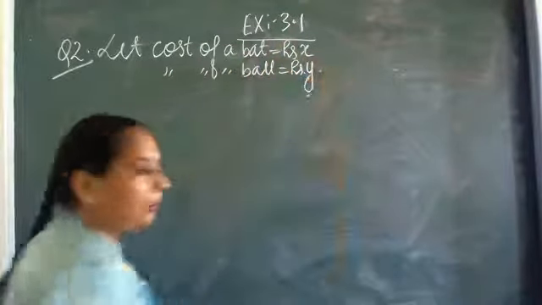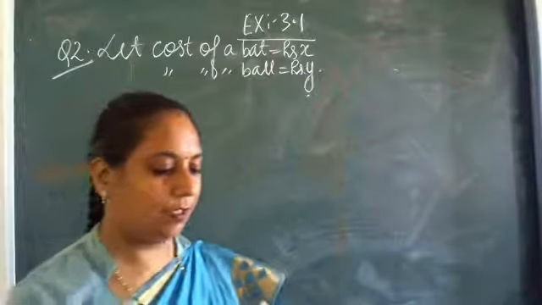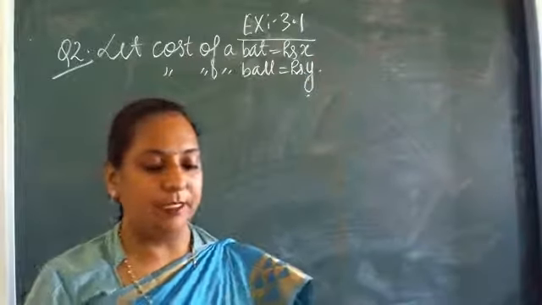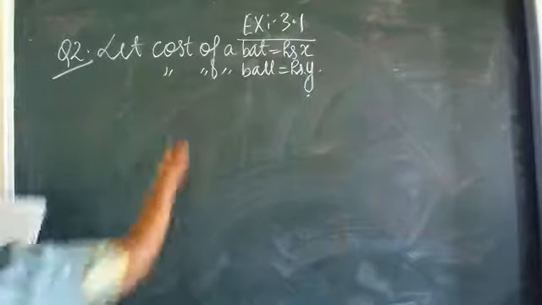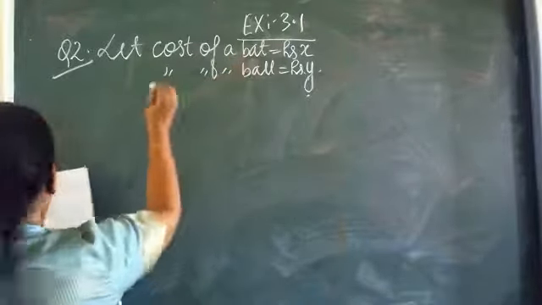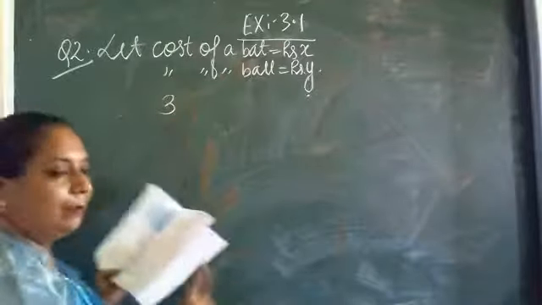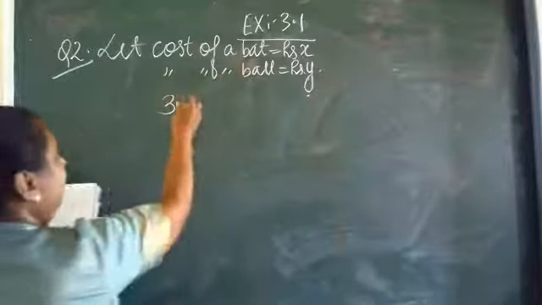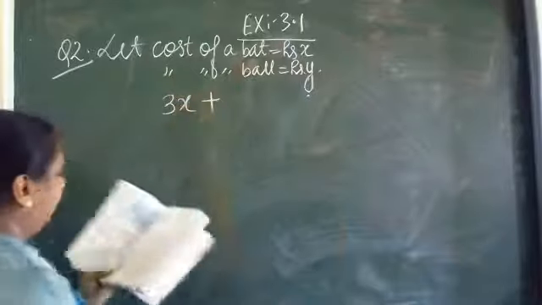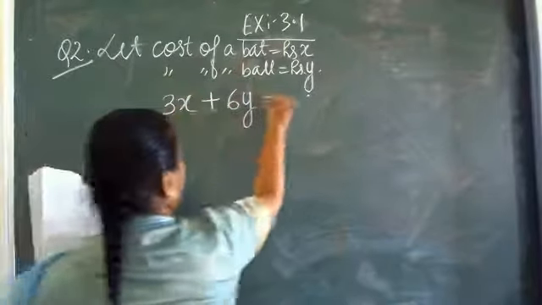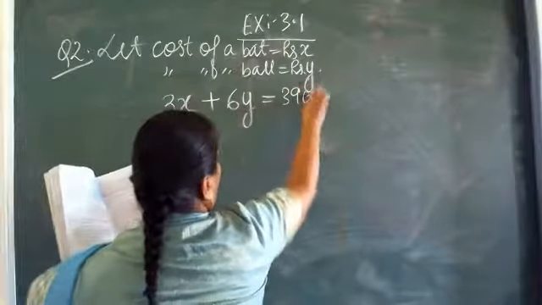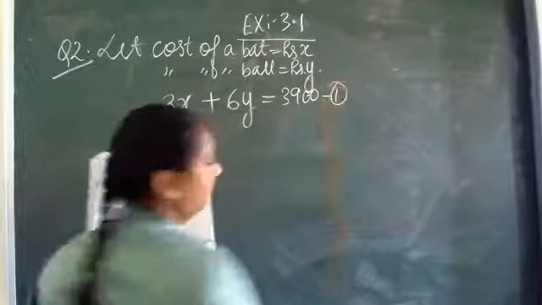According to the conditions given, the first condition is 3 bats and 6 balls cost rupees 3,900. So 3 bats cost 3x plus 6 balls cost 6y, and their total sum is equal to 3,900. This is the first equation.